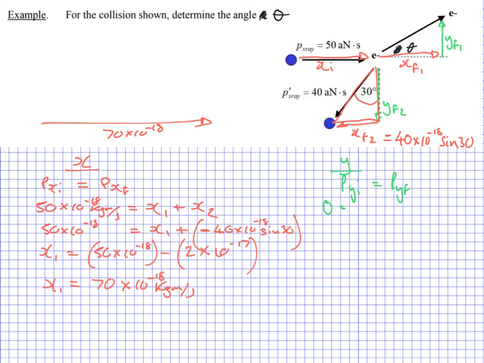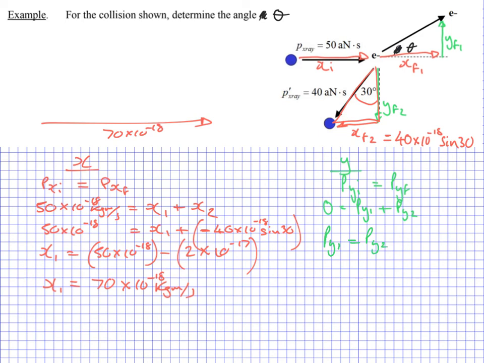And then I can just go ahead and say that it's going to be the momentum in the y1 plus the momentum in the y2. In other words, these two are equal and opposite. So if I work out this one, it's going to be that one. To restate it, that would be that Py1 is equal to Py2.